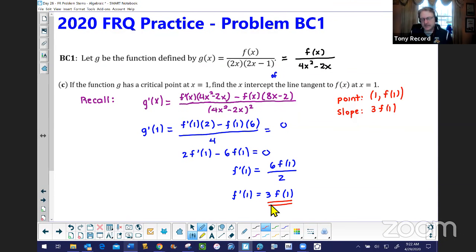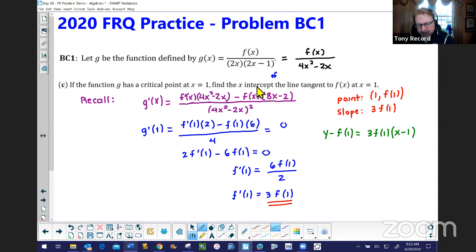Now we just stay the course and write the equation of the tangent line. A normal line's equation would just be point slope formula: y minus the y value equals our slope, 3 f of 1 again, multiplied by x minus the x value. Now we have to think about, well, what is the question really asking? Did it want the equation of the tangent line?